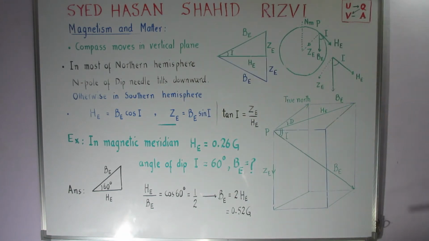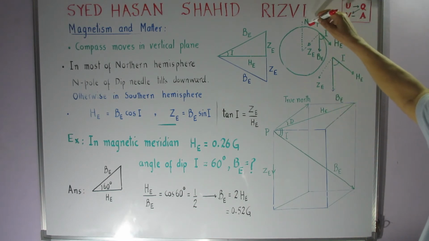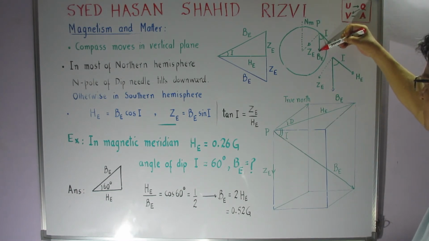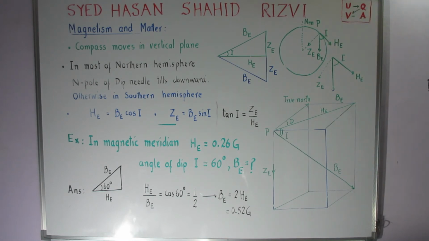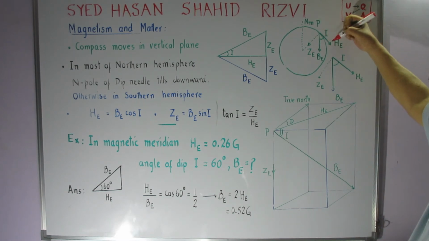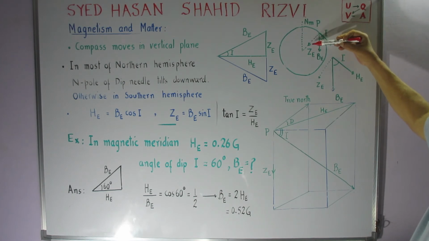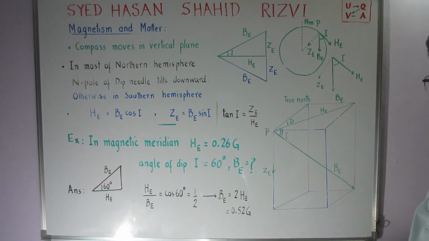So which has been schematically shown over here, that this is the magnetic north pole, and this is the point P under consideration, and we find that the magnetic field due to the earth is in this direction, BE, and the horizontal component, of course, it is tangential, then this is equal to HE, is in this direction, and the vertical component is in this direction, okay.